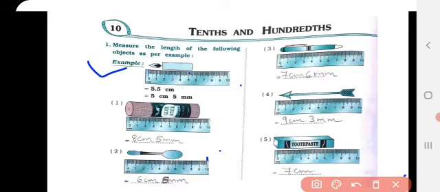This is a burning candle that they had given. You can see it starts with 0 and this candle ends on 5. No, it is not ending on 5 exactly. It is ending on 5 and 5.5.